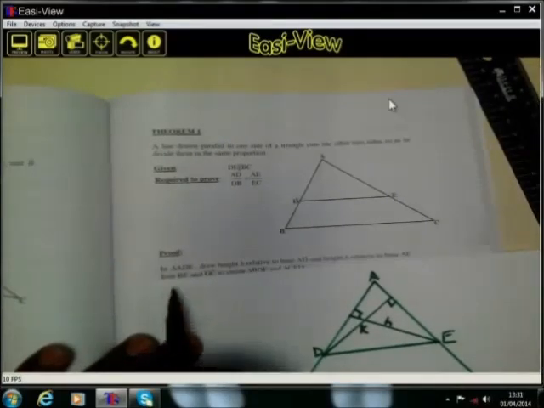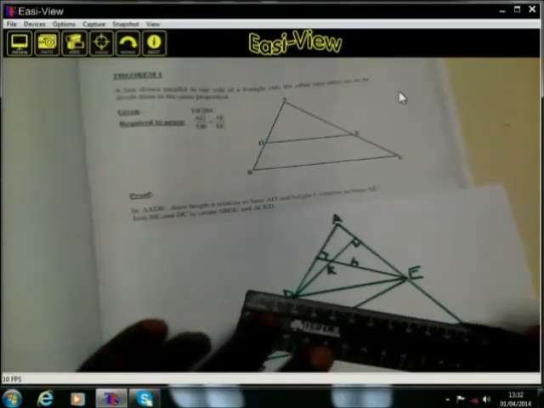Now they say, join BE. I must also join BE and DC. I'm now joining BE. I hope we can all see. I've joined BE, and I've also joined DC. What is the purpose of joining these? Because I wanted to create other triangles.